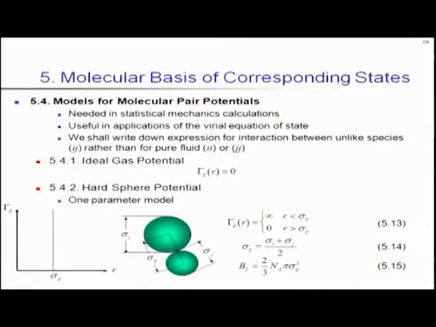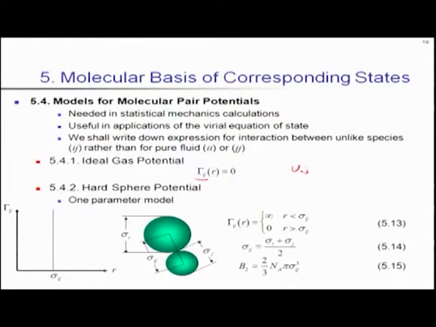Let me write down the expression for a simple model, which is basically the ideal gas potential model. As we already said, we are going to define the potential in general by gamma ij. We could have also used something like u ij, but gamma is used in the text of this particular course, and thus we will stick to this.